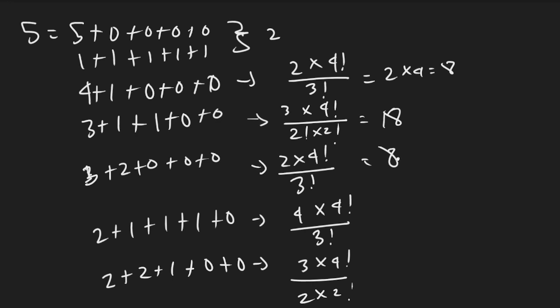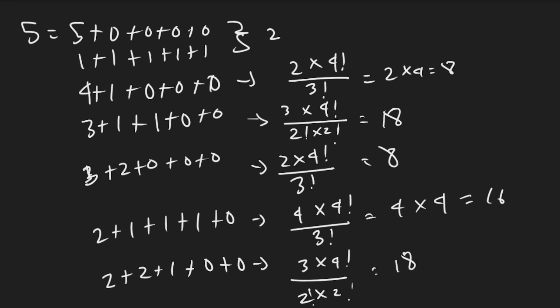And then for 2 plus 1 plus 1 plus 1, we have 4 choices. It's not the same as the others because we have 4 choices for the first one. So 4 times 4 factorial divided by 3 factorial is basically 4 times 4, which equals 16. And then the last one, 3 times 4 factorial over 2 factorial times 2 factorial, is basically 18.